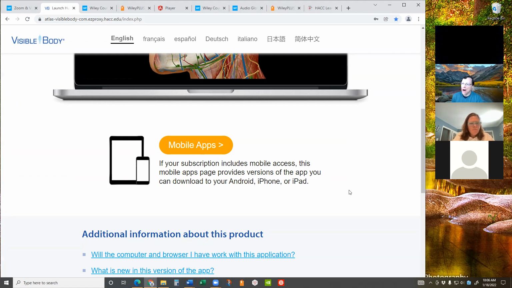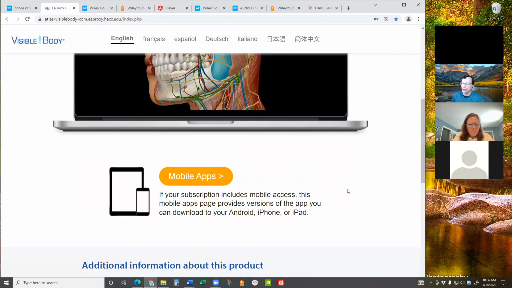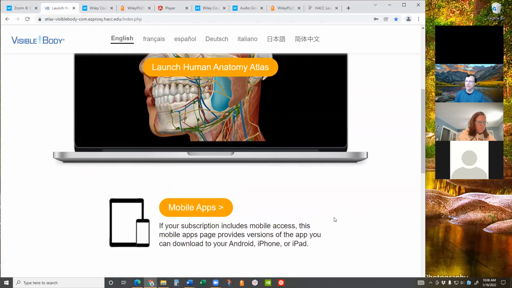Folks, our license at Hack does include mobile access. So you can download this to your tablet. You could download it to your cell phone. I don't advise that because learning anatomy on a little screen is not a good way to go. But you can access this on your cell phone or your tablet, hopefully more so on your tablet if you want, okay?